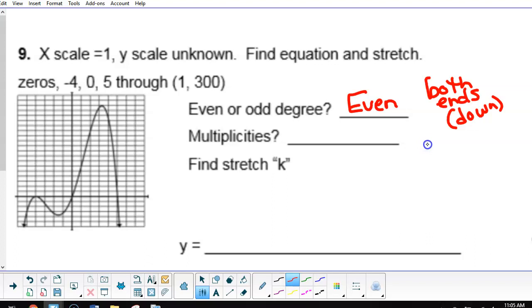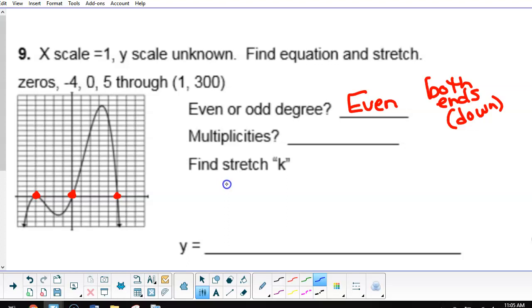A negative coefficient. Okay. They gave us the zeros right here. It lists them as -4, 0, and 5. It might not be listed tomorrow in the quiz. They're just kind of hard to see on here. You might have to actually look at the graph to tell. Okay. Any multiplicities? It is an explain question tomorrow. Any multiplicities? Why?